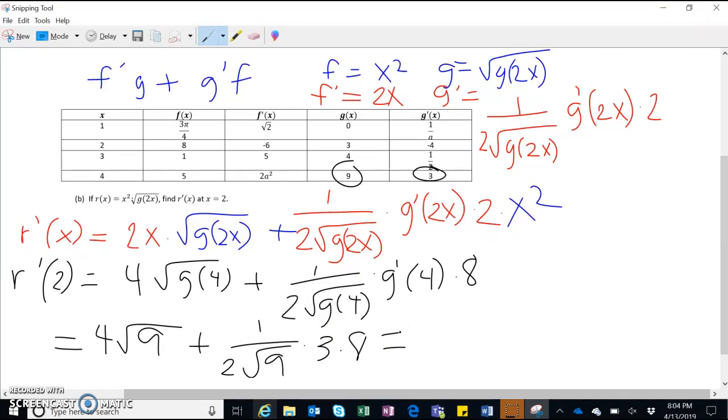A little bit more simplifying, 4 times the square root of 9 is 12. Plus, this is 1 over 6, if I do some math here, times 24. So 1 over 6 times 24. That to me looks like 12 plus 4 for a final answer of 16.